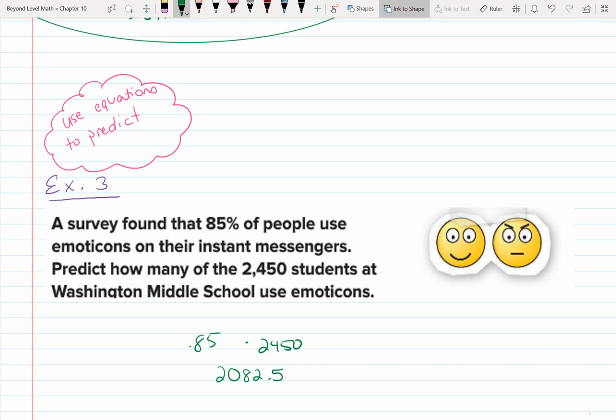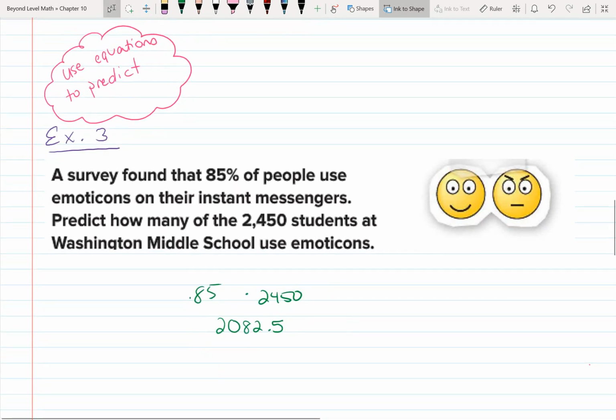Now, 2,082.5 is not an acceptable answer for the number of people, right? So we are going to round that, and we're rounding up, so it's about 2,083 people use emojis at the middle school.